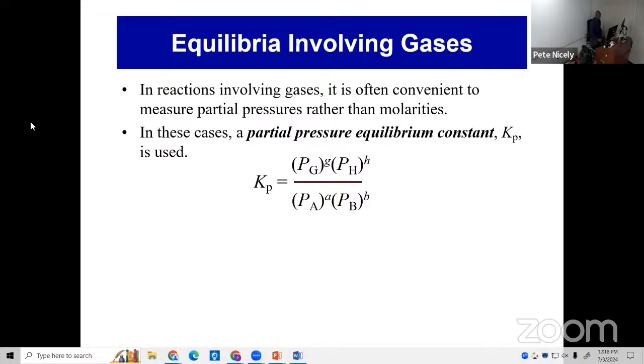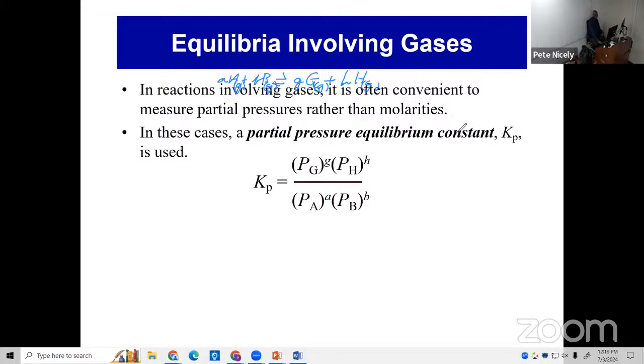Let me squeeze it up here. We're talking about aA plus bB to give gG plus hH. We're assuming that these are all gases, a totally gaseous system. So in that particular instance, this is the Kp expression.